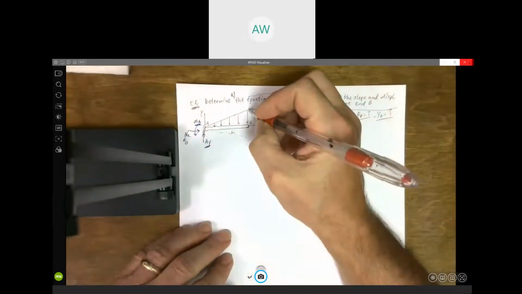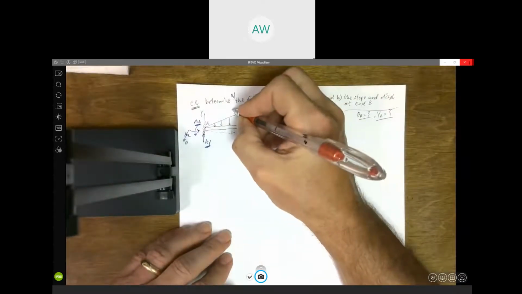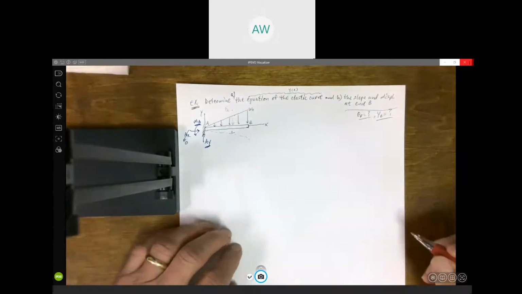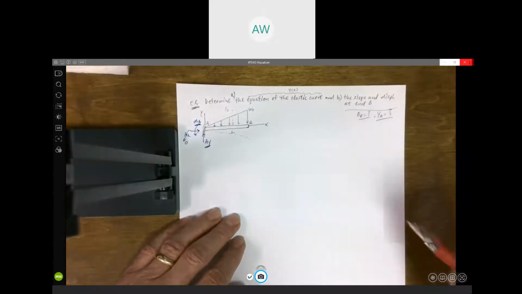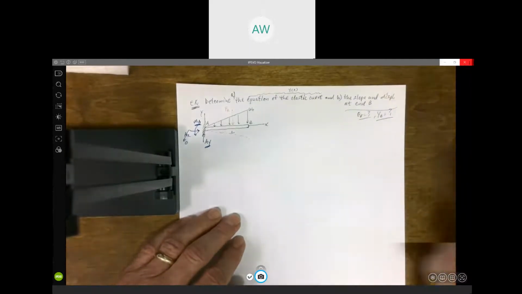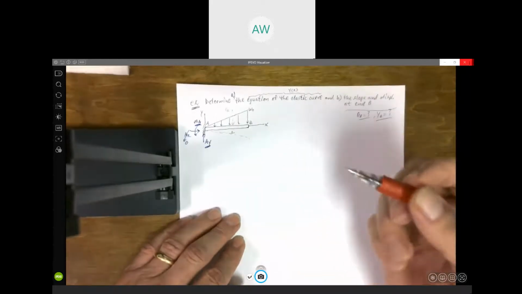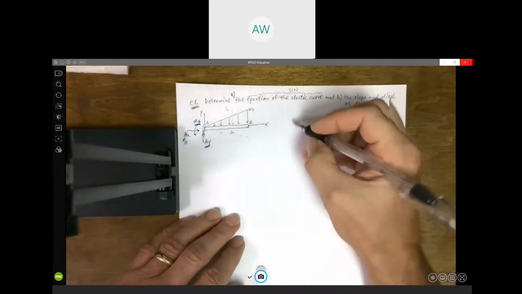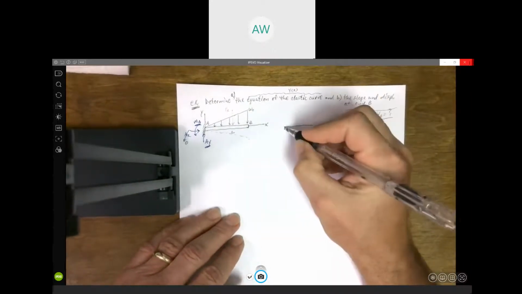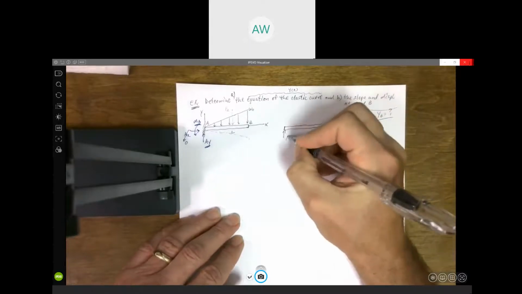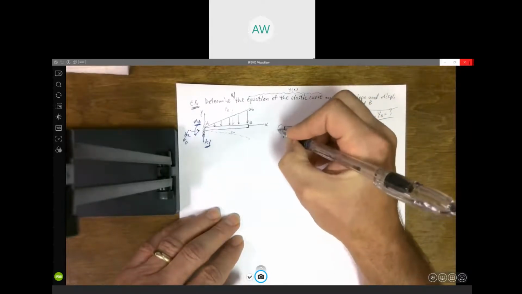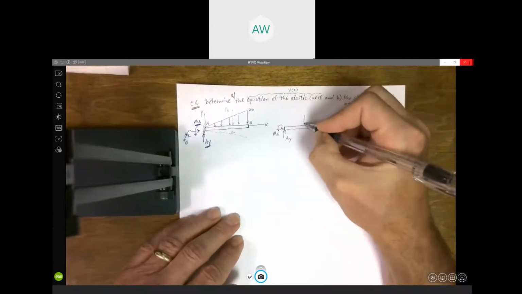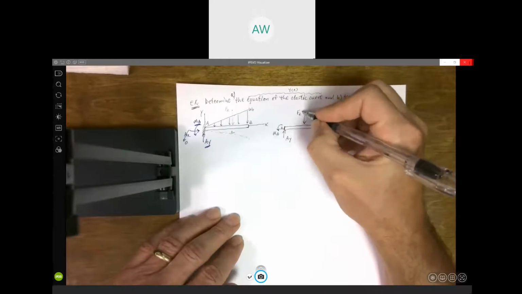Now, for this distributed load, we're going to replace it with an equivalent resultant force. The equivalent resultant force for a distributed load is the area under the curve. This is a triangle, so it's going to be 1/2 base times height. Maybe I'll draw a new free body diagram over here. We've got A y, we've got M A, and we've got this equivalent resultant force.